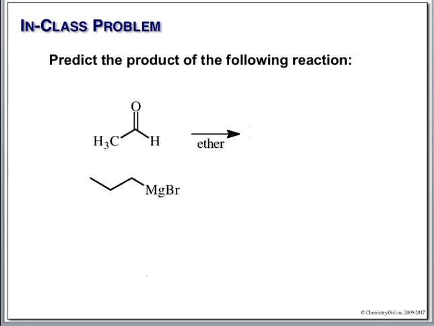An aldehyde. Here we have 1, 2, 3 carbons. This is propyl magnesium bromide. Same thing is going to happen. This carbon thinks it's a carbanion. It's going to attack the carbonyl and make this an O-.